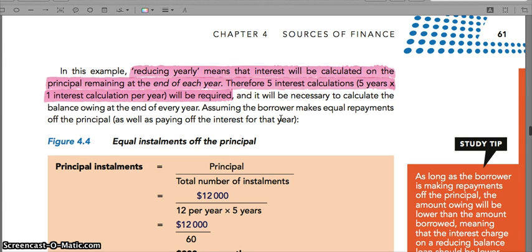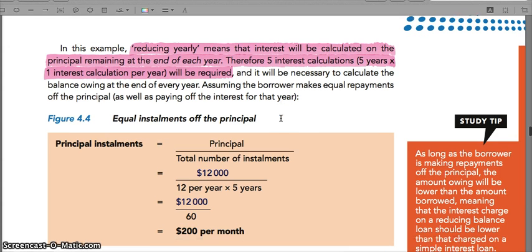So we'll have a look at it down here. It will be necessary to calculate the balance owing at the end of every year. This assumption means that we assume the borrower makes equal repayments off the principal as well as paying the interest for that year.